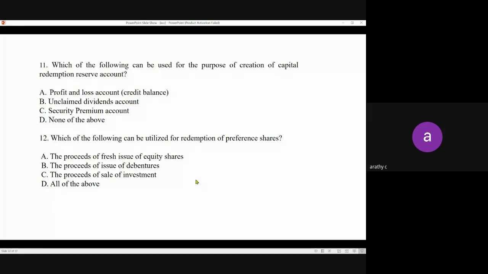Next is 11th question. Which of the following can be used for the purpose of creation of capital redemption reserve account? Profit and loss account, credit balance, unclaimed dividend account, securities premium account, and none of the above.